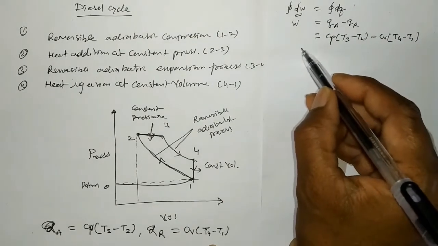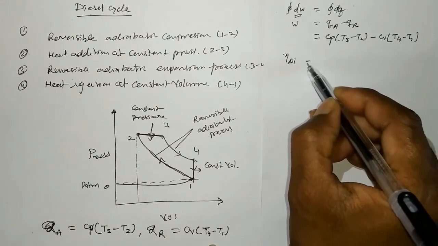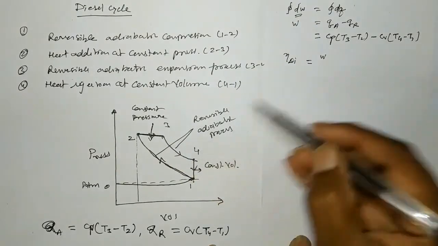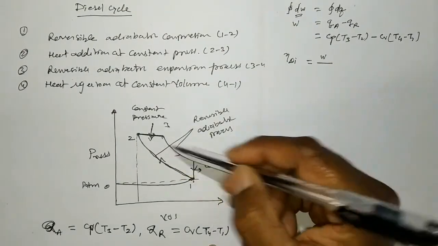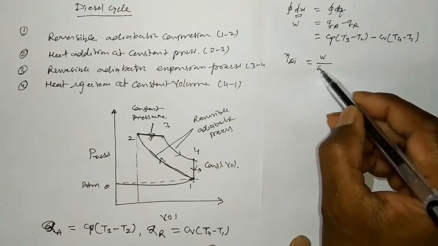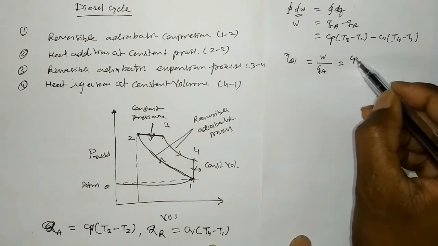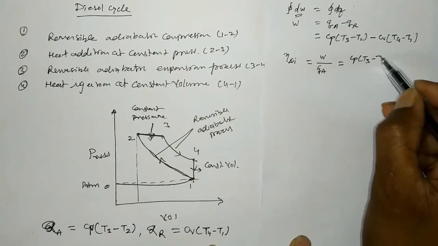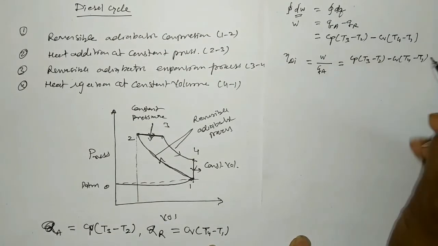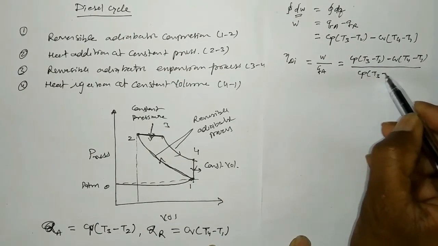Or the efficiency of the diesel cycle will equal the work done during this whole process to the heat supplied to this cycle, that will equal Cp (T3 minus T2) minus Cv (T4 minus T1), over Q_A, Cp (T3 minus T2).